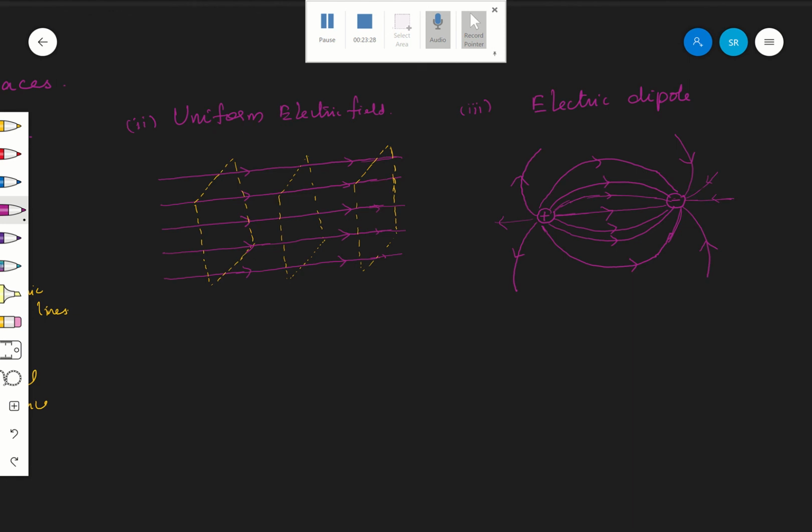Now I want to draw the equipotential surface. How to draw? See, if I draw here, on this side the field is strong, but in this direction if it comes slightly, it will become weak, correct? So as it comes here, the lines are closer, and it will become like that.